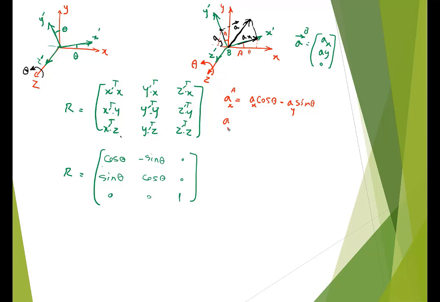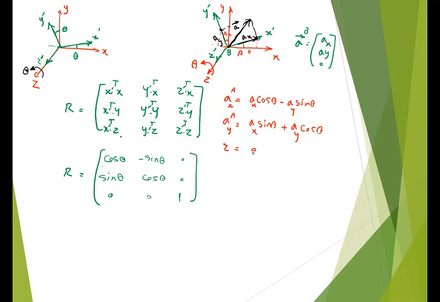What is its component along the Y direction? It is AX alongside Y. It is this one. It's AX times sine of theta. And also AY projection along Y is AY times cosine of theta. Z component is 0.